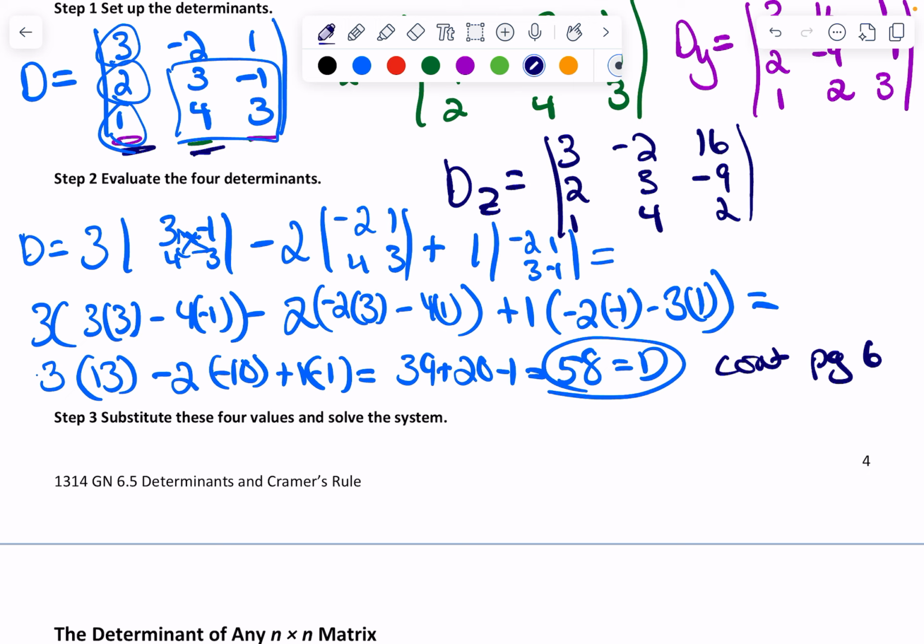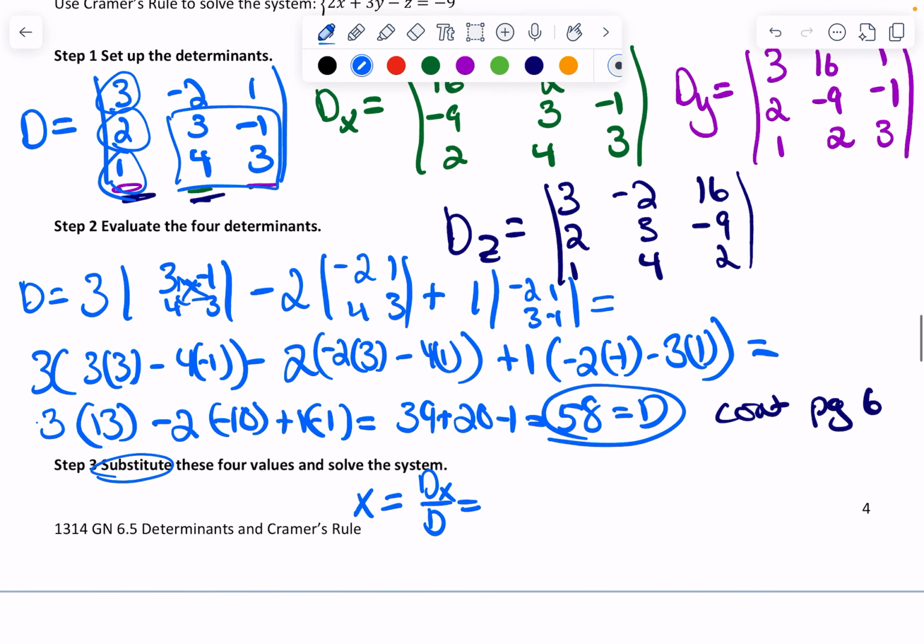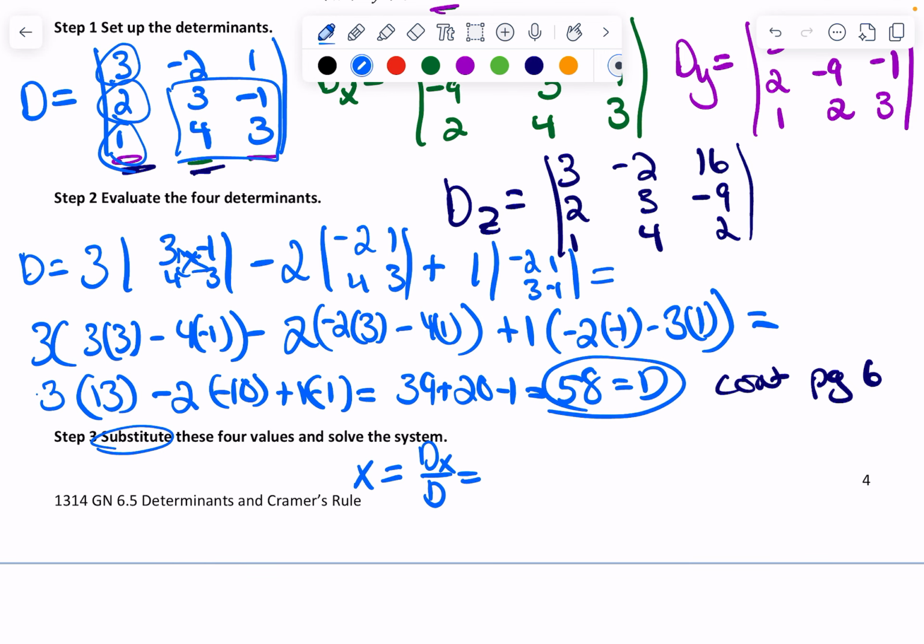Okay, now we're going to go back to our step 3, which says that we should be substituting these 4 values and solving the system. So x is d of x over d, which d of x, we got 116, and d is 58.